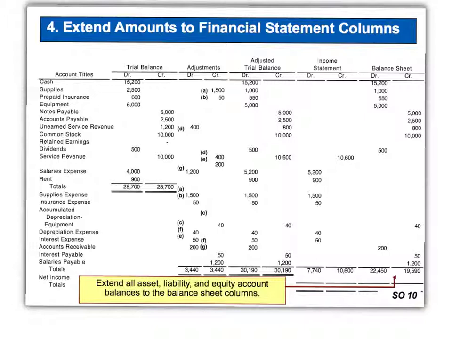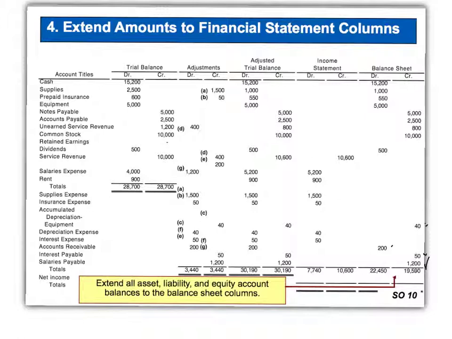And once we sort them, cash on the debit side, prepaid insurance, what have you, the liabilities, notes payable, accounts payable. We have salaries payable down here too. That's a liability that was created, as well as interest payable. And we have accumulated depreciation, which belongs on the balance sheet, and accounts receivable, which was created by one of the adjusting entries, and so on.